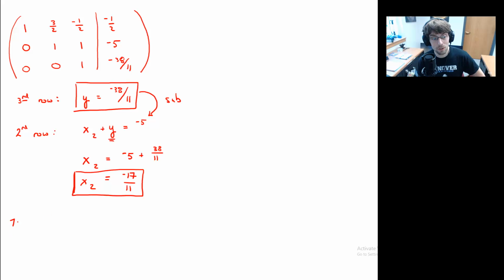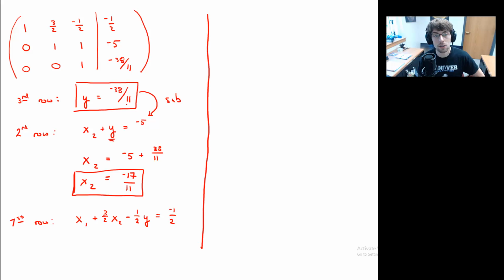Let's go ahead and use the first row now. Well, the first row says that x1 plus 3 halves x2 minus 1 half y is equal to negative 1 half. And we can go ahead and substitute in the two values for y and x2 to get our value of x1.